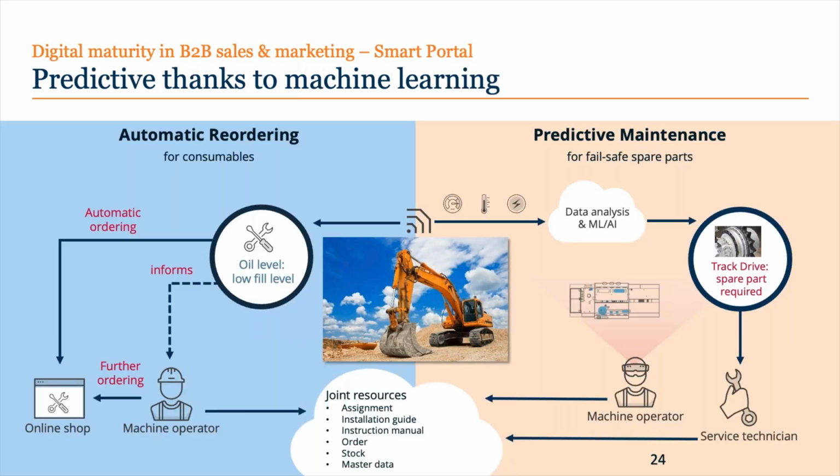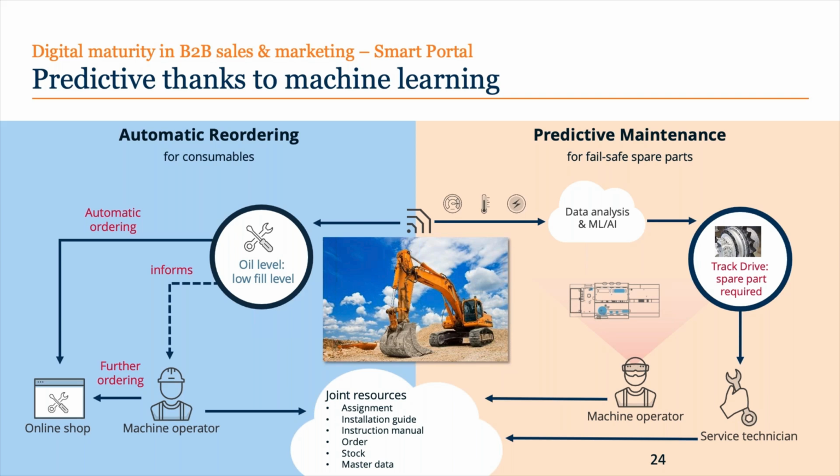So let's see the next, the final level of maturity, from the customer portal to the smart portal. If we have all this data, if we have centralized all possible interaction with your company, then we can use the data that we collected to actually generate money, to convert that into money. Here there are two very practical examples. One is automatically reordering consumables.